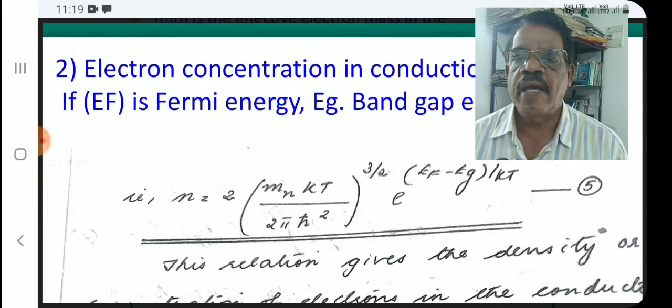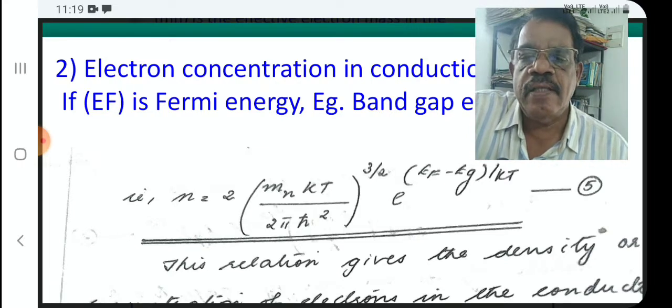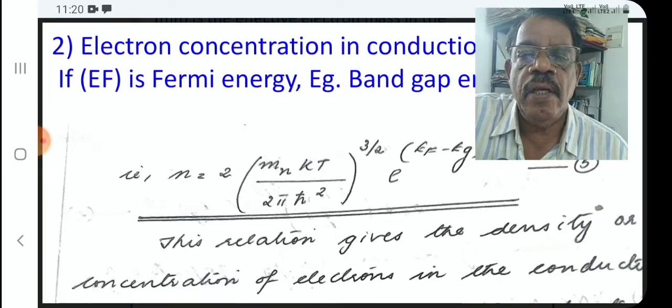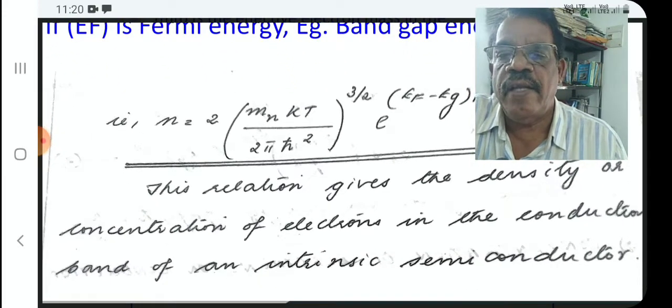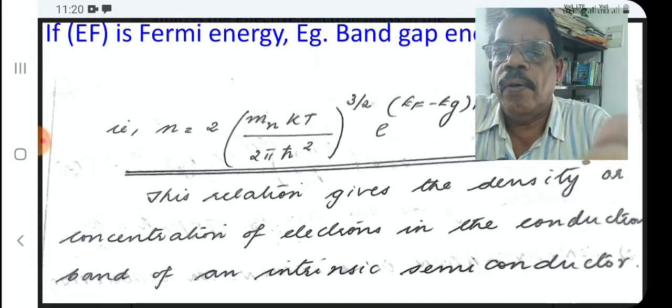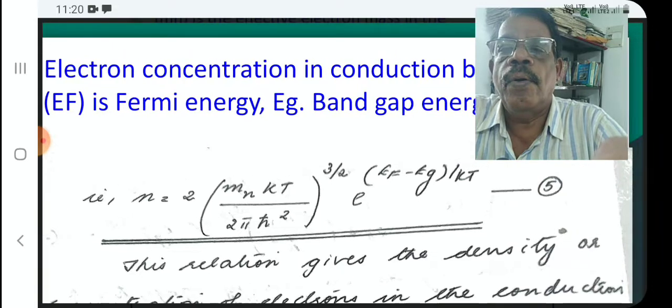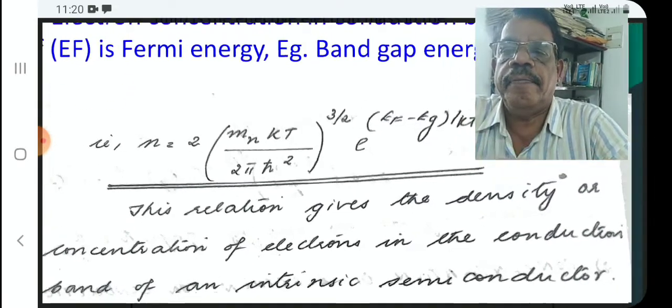EF is the Fermi energy and Mn is the effective mass of the electron in the conduction band. This relation gives the concentration of electrons in the conduction band of an intrinsic semiconductor.